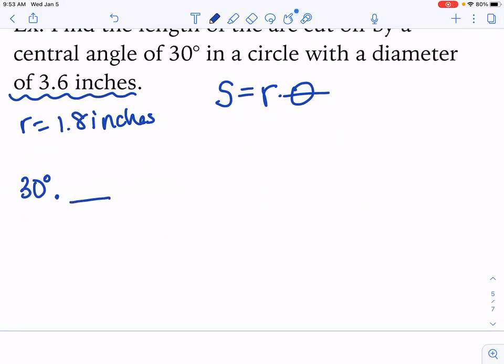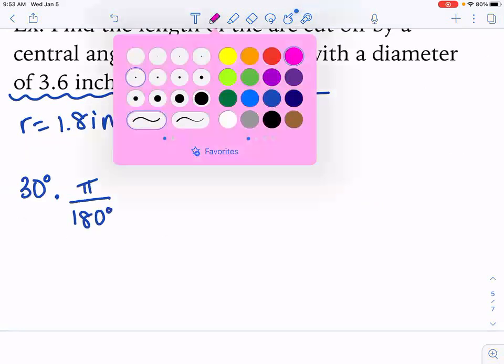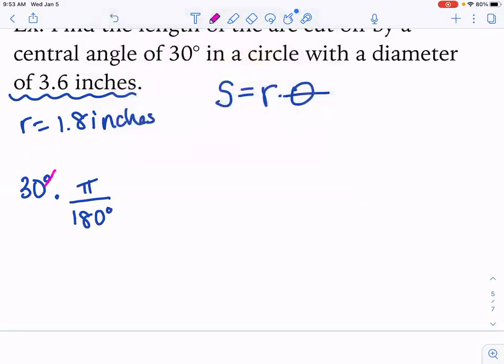If I already have degrees, we want degrees downstairs so that they cancel. 30 over 180 would reduce down to pi over 6. Eventually, you're just going to know that 30 degrees is pi over 6, but there's why.